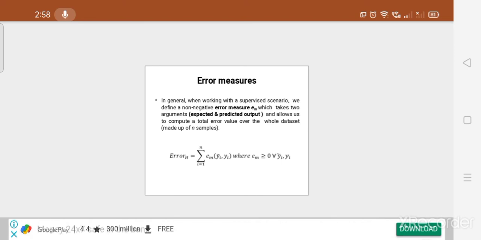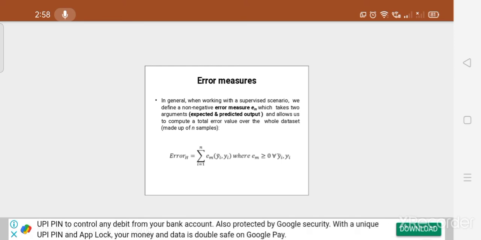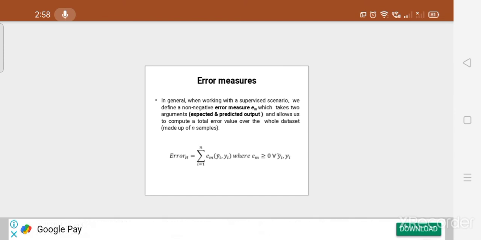So this is the formula given for that error measure. H equals the sum from i equals 1 to n, where n is the number of samples in the database, EM(yi bar, yi), where EM is greater than or equal to 0 for all the values in that data set.